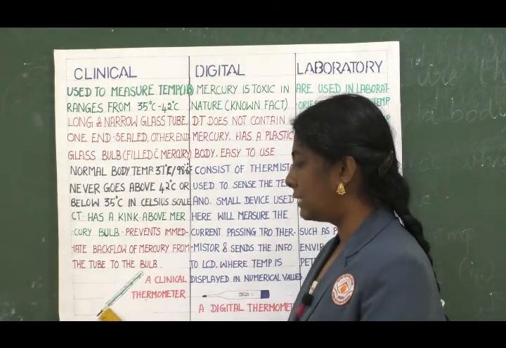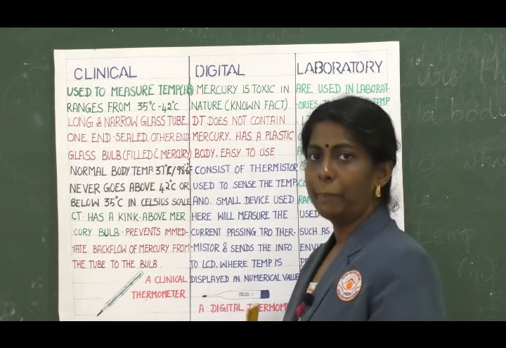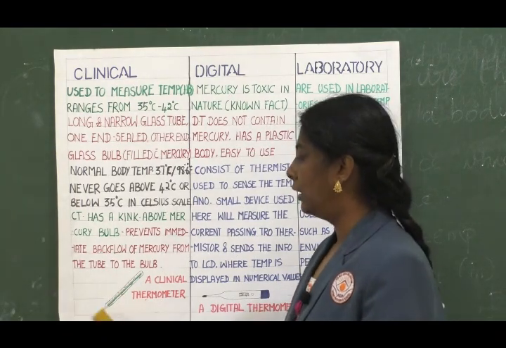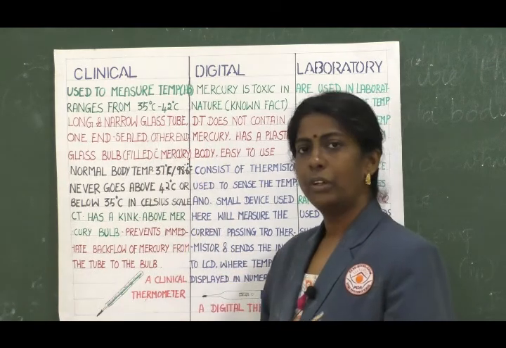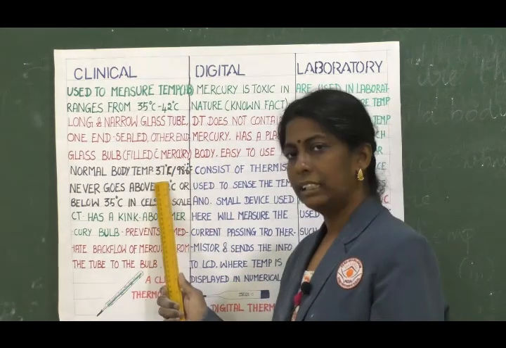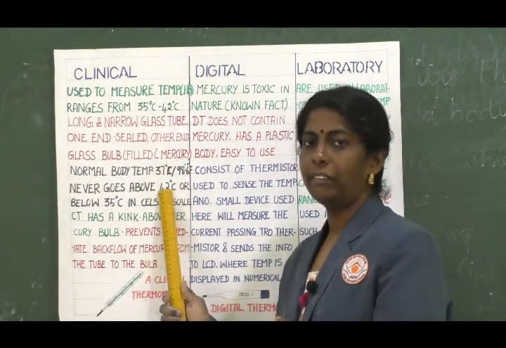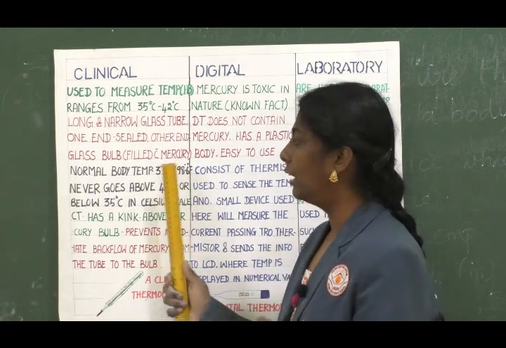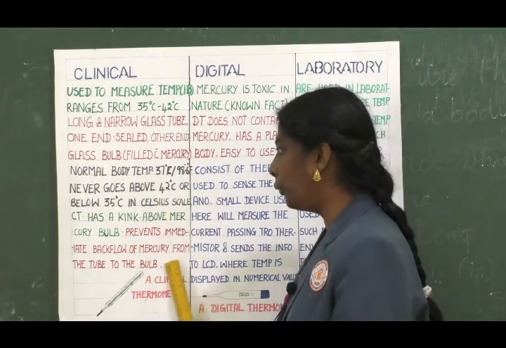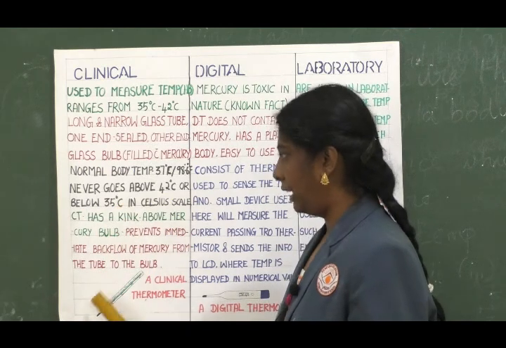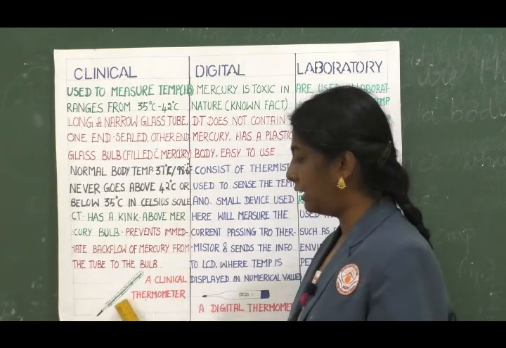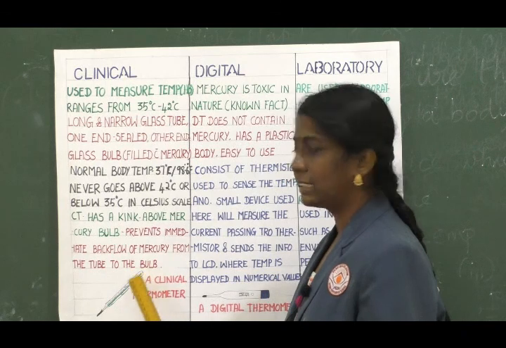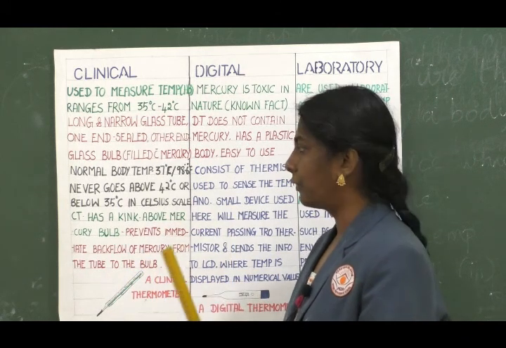A glass bulb is seen there which is filled with mercury. Clear? Then the normal body temperature of human is 37 degrees Celsius or 98 degree Fahrenheit. Then it never goes above 42 or below 35 in Celsius scale, because the range is between 35 to 42. It's according to human body.